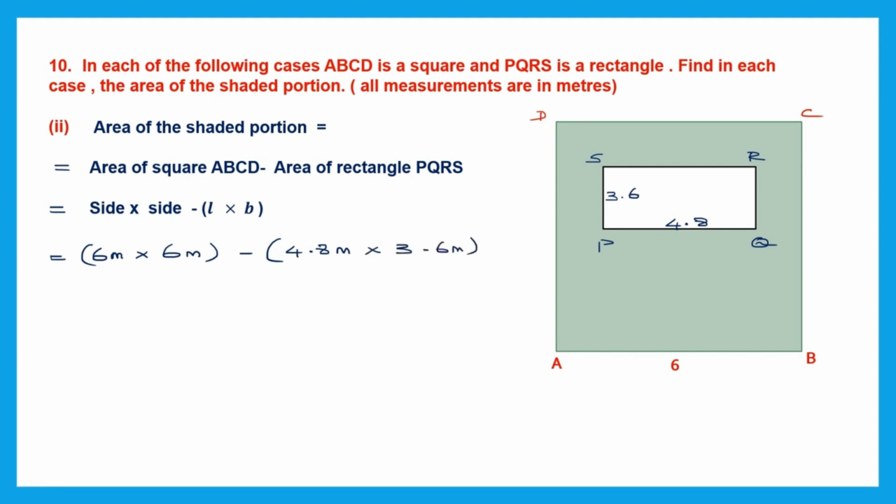Now we have to simplify this. 6 into 6 is 36 meter square minus 17.28 meters square. When you multiply 4.8 and 3.6, you get this. Now when you subtract both these, you get 18.72 meter square. So this is the area of the shaded portion.